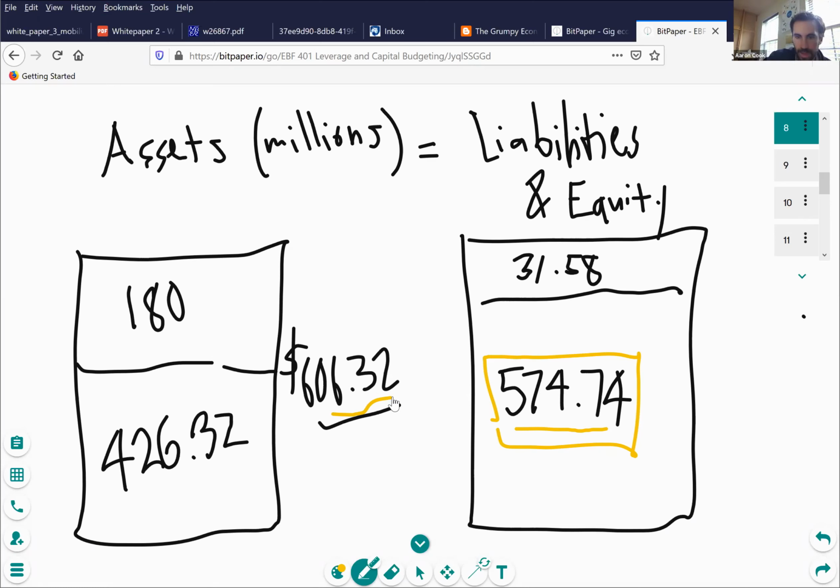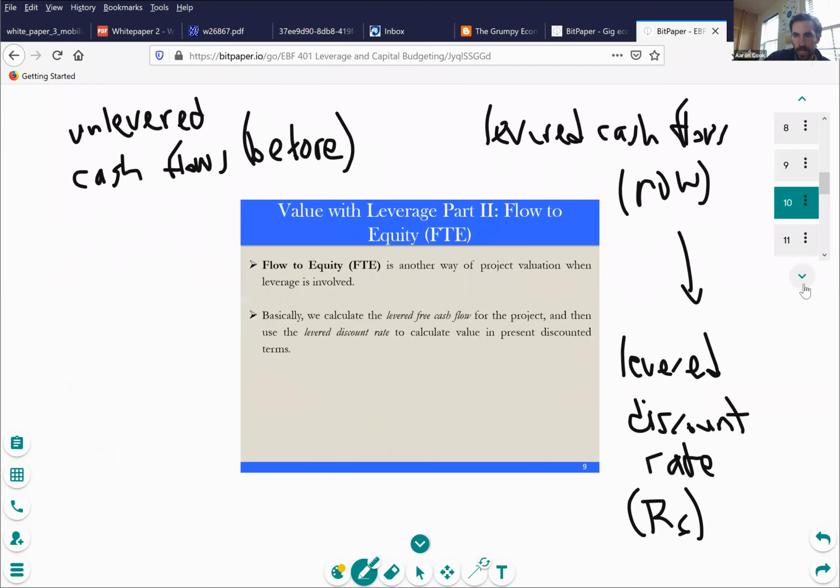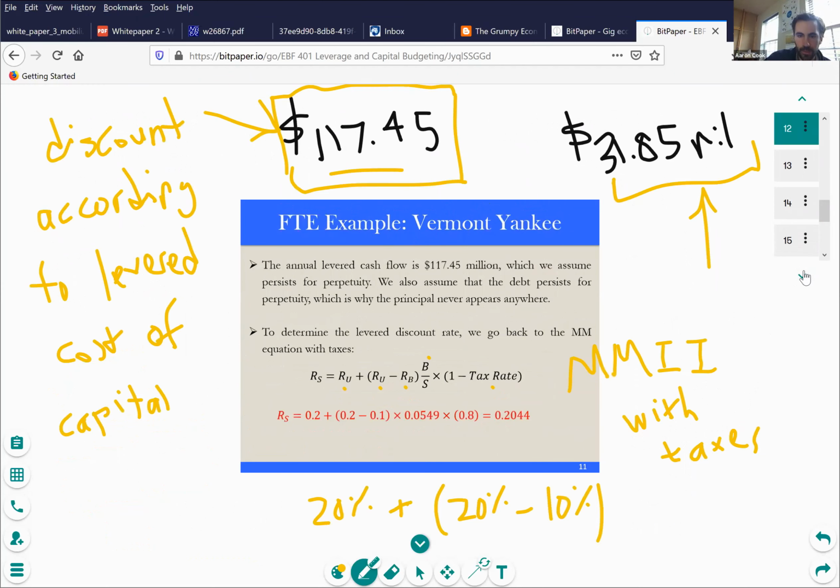So that 574 million is the residual equity, and the debt to equity ratio implied by that amount of debt over the residual equity is 5.49%. That's something we're going to plug into this MM2 with taxes equation.